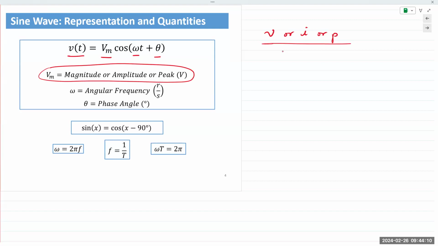If you have taken the lab and used the oscilloscope in lab 5, you would have come across the term Vp. It's the same as Vm. Vp and Vm are the same, and it describes the value of one peak, not peak to peak.